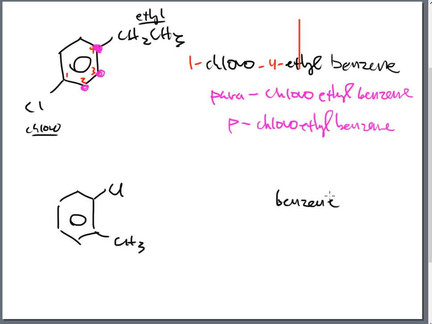There's benzene. This Cl is chloro, and the CH3 is methyl. So C comes before M. So chloro-methylbenzene. C came first, so this is spot number 1. And this is spot number 2. 1-chloro-2-methylbenzene.